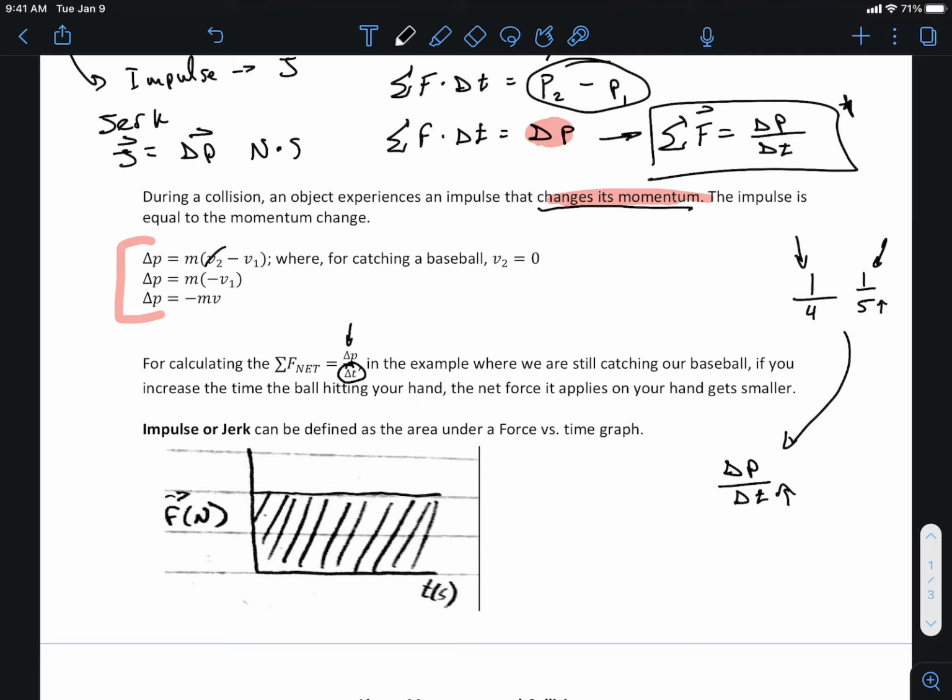You're increasing the time and the magnitude of the fraction decreases. And so we see that the amount of force exerted on your hand goes down for this reasoning. As we increase the time of impact, the force exerted would have to go down.